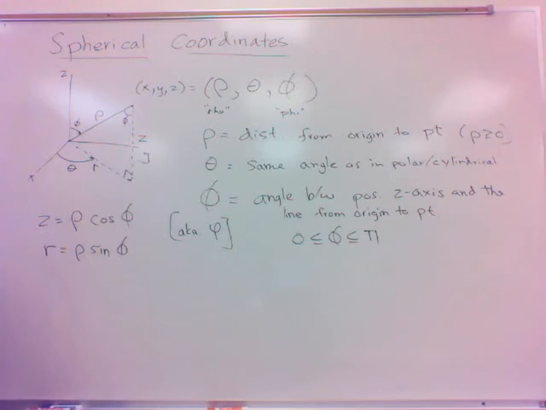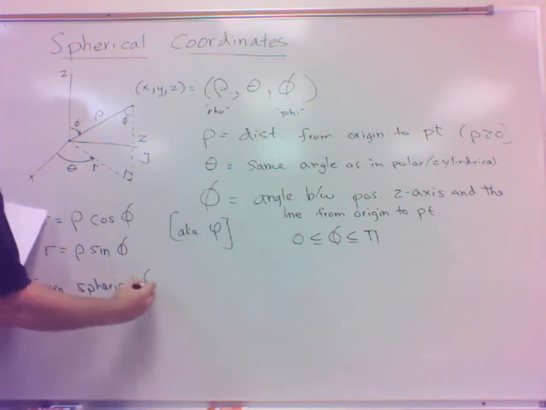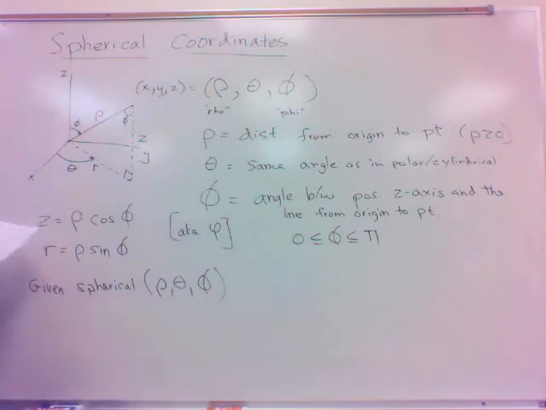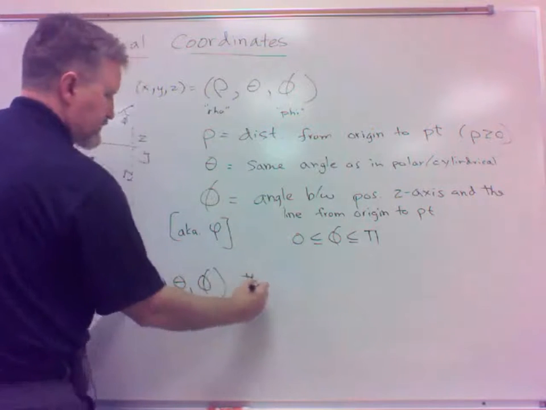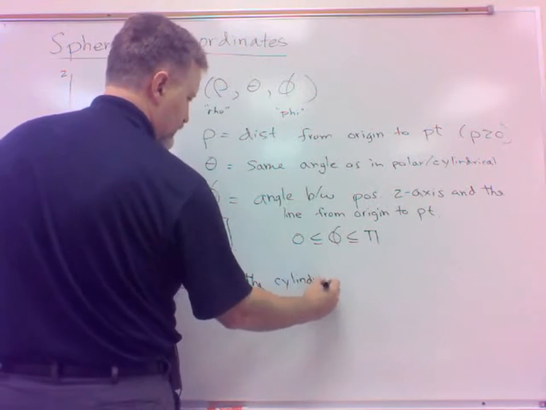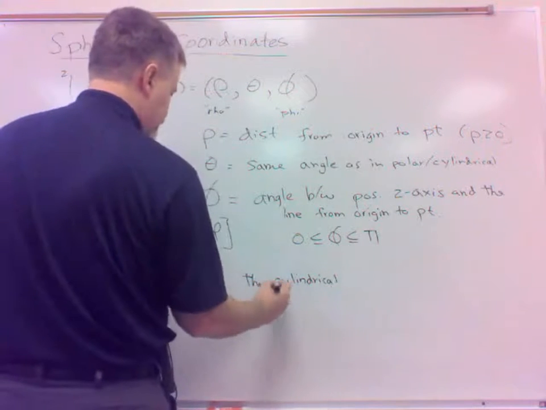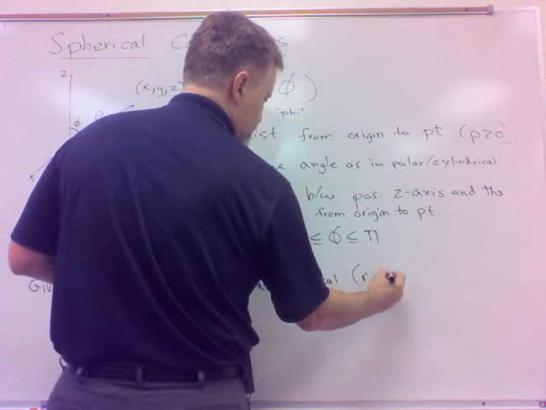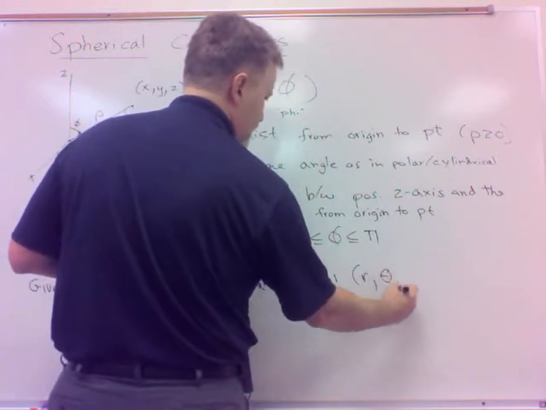Okay. Well, what that sets up is, if we're given the spherical coordinates rho, theta, phi, then the cylindrical coordinates that would match up with that, which in cylindrical we do r, then theta, then z.